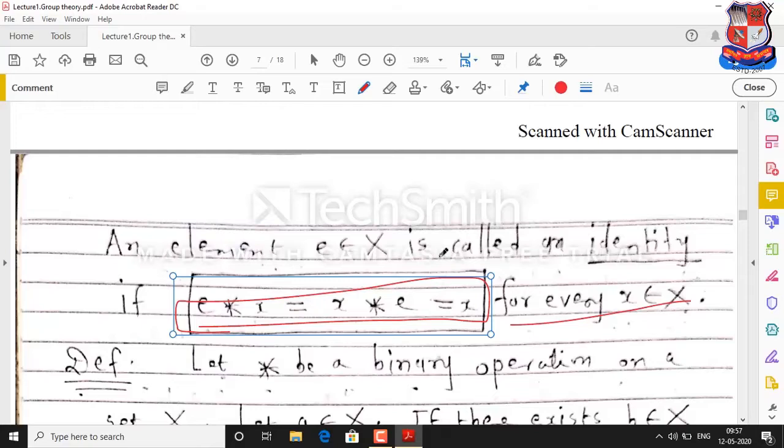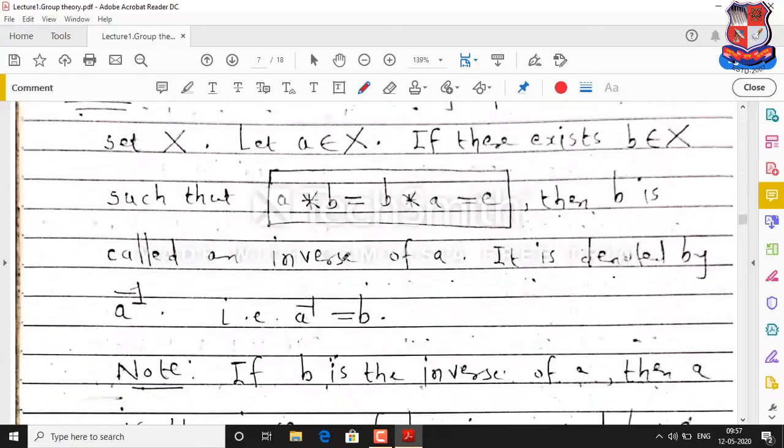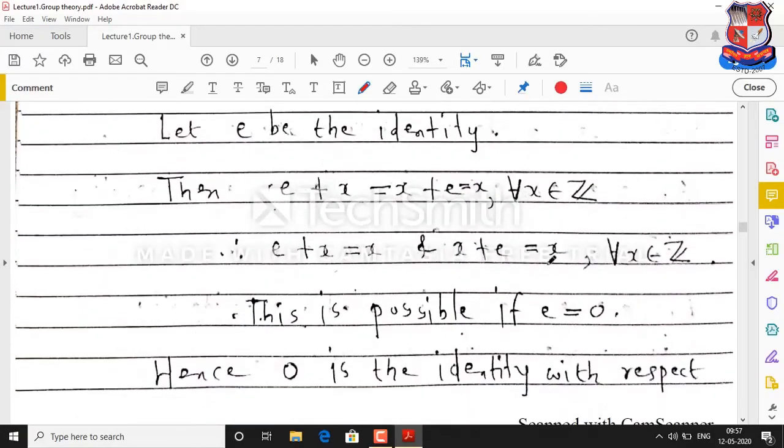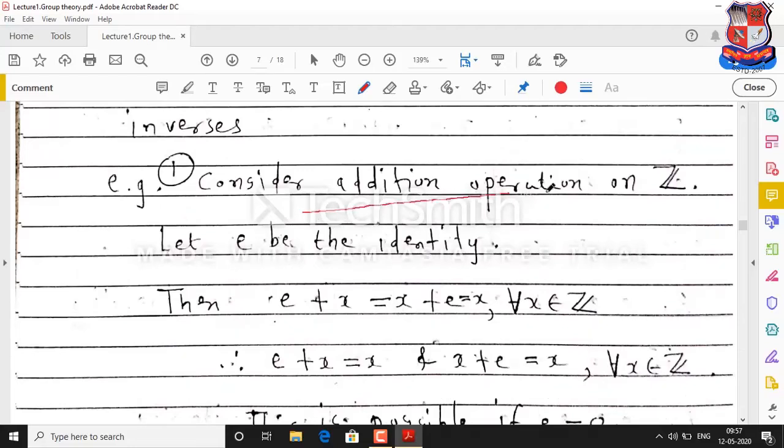For example, if we consider addition operation on this set of natural numbers, addition operation on this set of integers, then suppose you want to find out the identity of any set with respect to given operation and you don't know what is the identity, then you can go by reverse way.